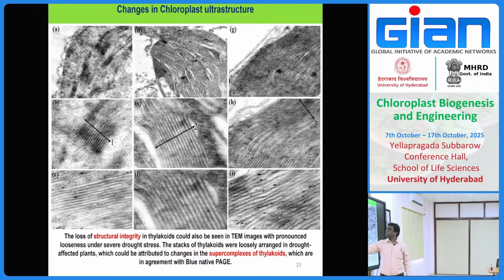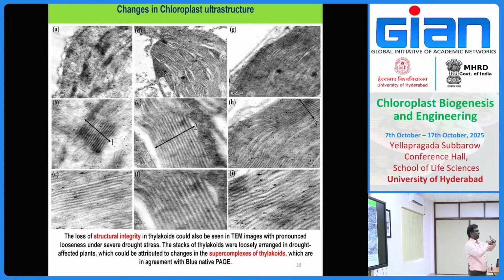You can see this size has significantly increased, which means it is kind of swollen, because the pigment interaction and pigment-protein interaction have changed. That is why it is becoming loosened.